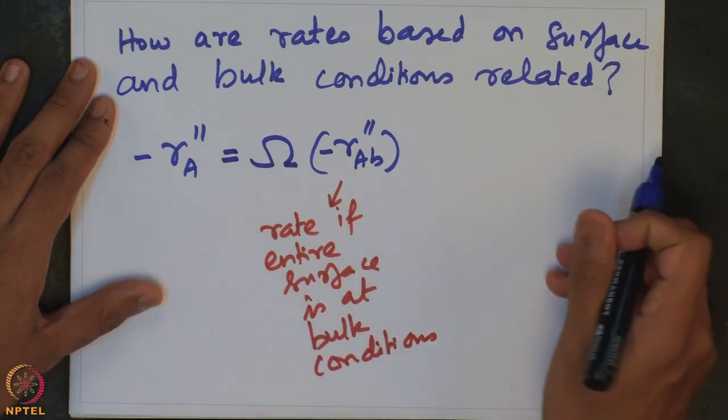But we also know that the internal mass transport resistance is finite, and if eta is the internal effectiveness factor, we can also define the overall rate in terms of the rate of the species under the surface conditions. How do we do that?